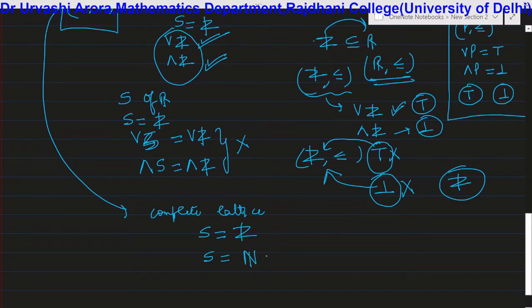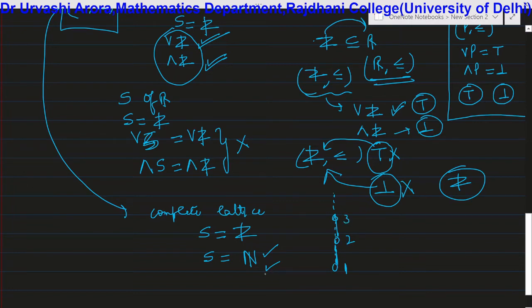Again, the argument remains the same, because there is no top element, and of course the bottom element is there, because the bottom element of the set of natural numbers is 1. The Hasse diagram for the set of natural numbers goes like this, although it is not a well defined Hasse diagram because the top element is not there, but it looks somewhat like this: 1, 2, 3 and so on. So the top element is not there.